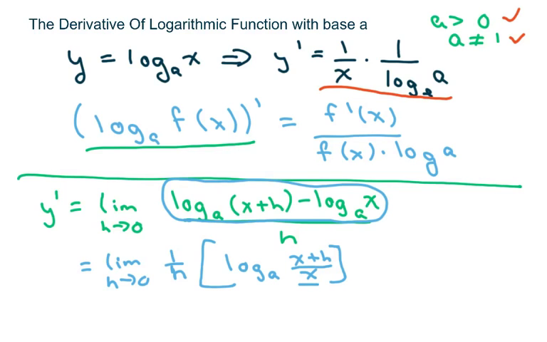And this little piece in here can be written as 1 plus h over x, because you divide both of these by x. So when we come to the other side, we're going to get the limit as h approaches 0, and we had that 1 over h, and what I'm going to do is use my power property of logarithms and put it as my power.